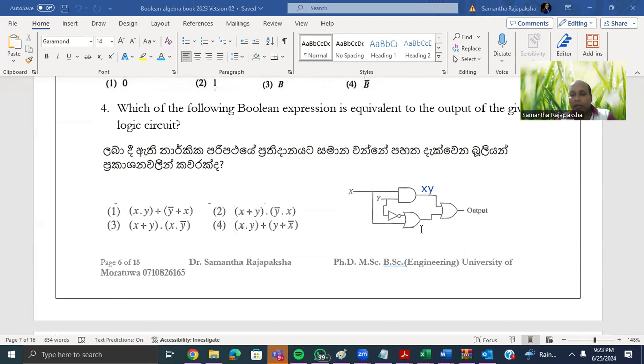And this one should be x plus y bar. And these two should be added. So then it should be xy, x plus y bar. Yes, it is the first one. That should be the answer.